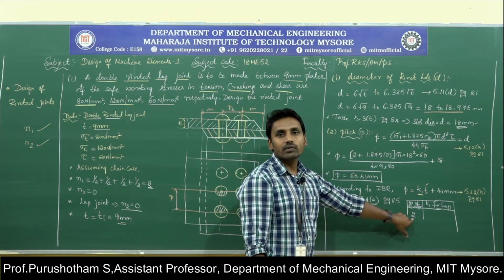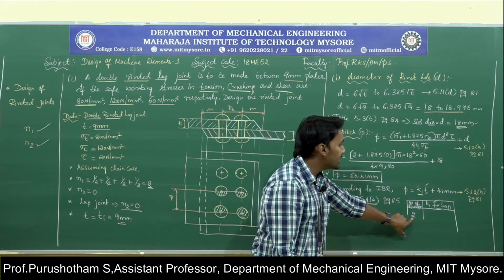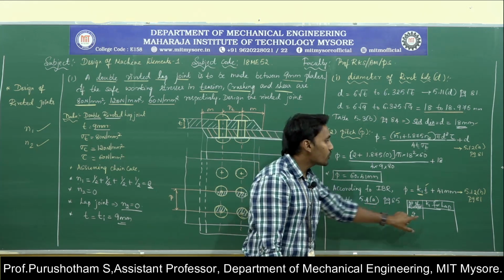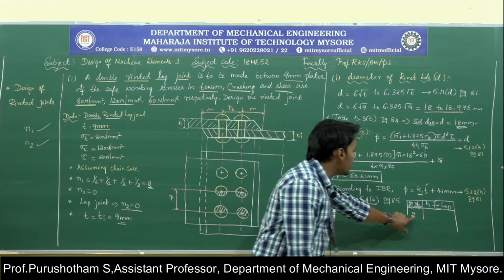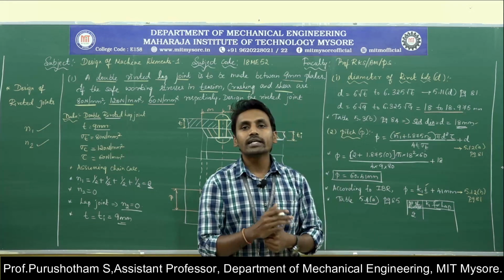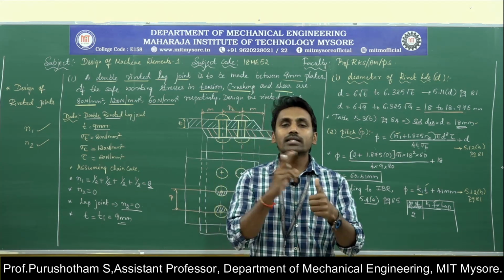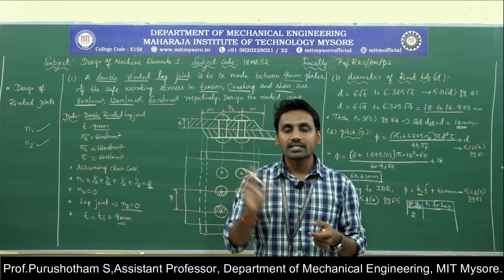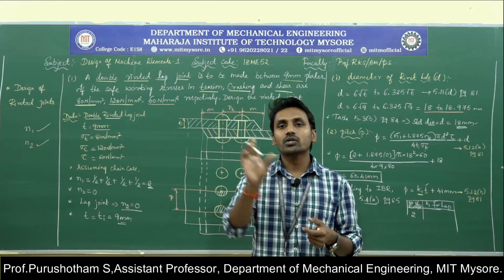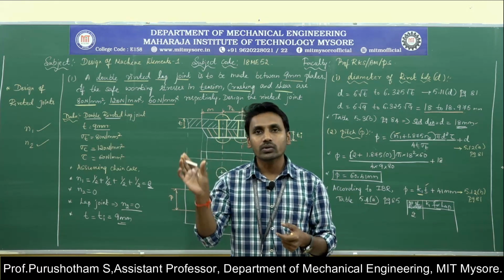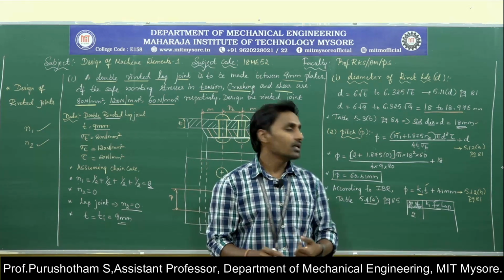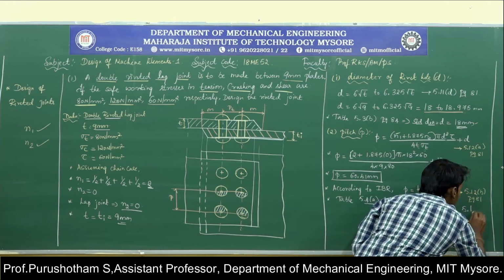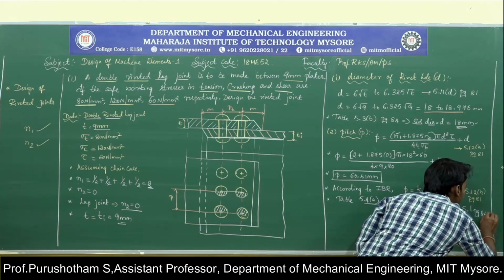If you are finding any difficulty choosing this value, then from table 5.1, for the single riveted lap joint, the number of rivets per pitch is given, and for the double riveted lap joint, the number of rivets per pitch is also given. You can refer to table 5.1 on page number 84.